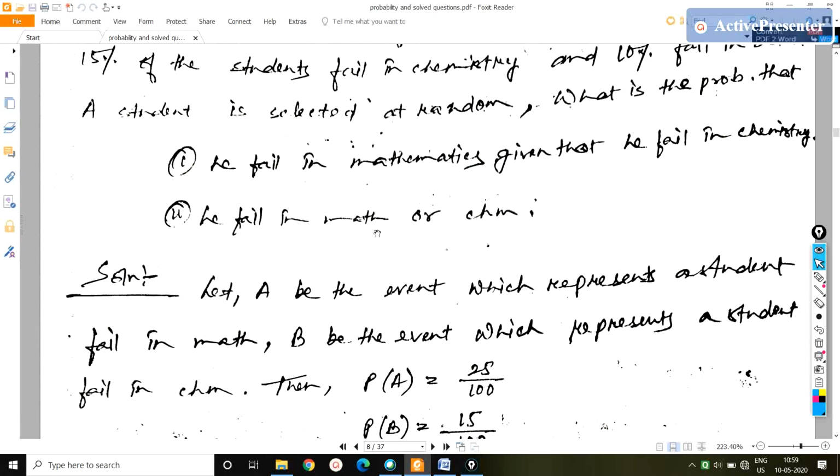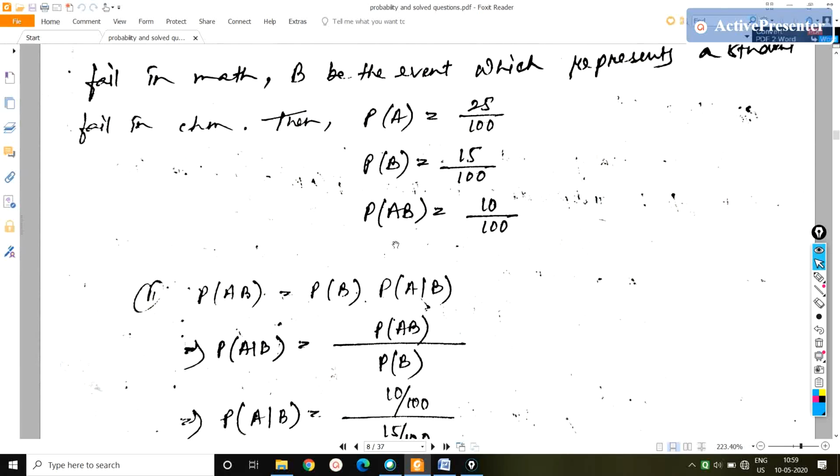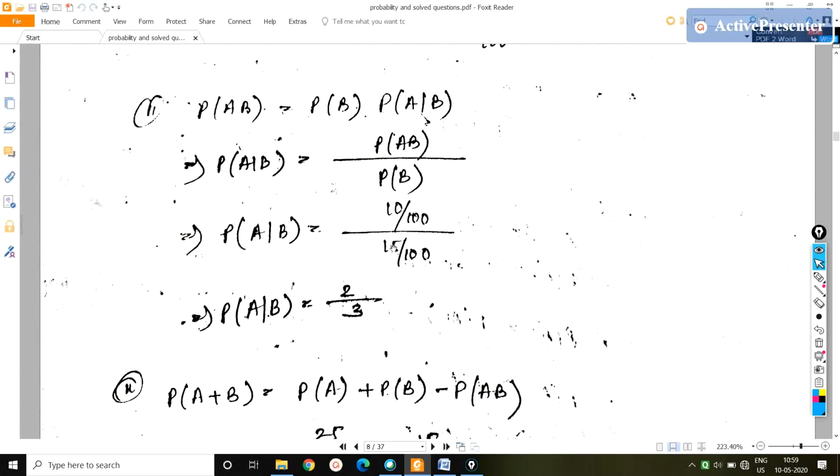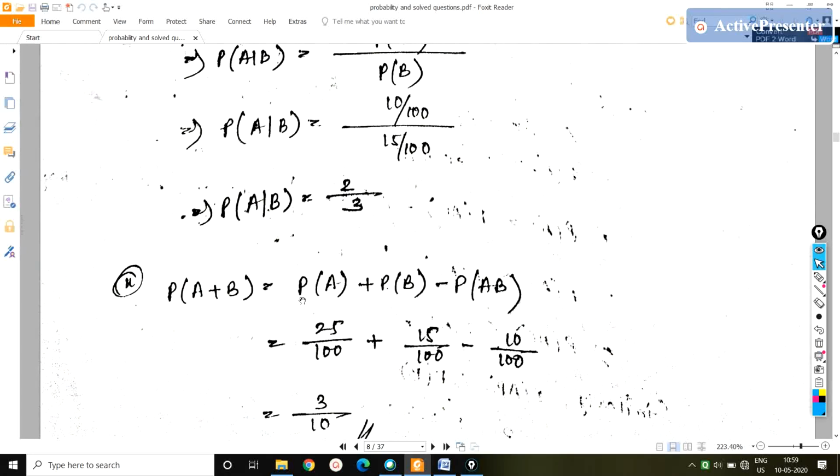Second, he fails in maths or chemistry. When it says he fails in math or chemistry, then as we already showed you, you have to go to the or statement. So or statement means P of A or B. This theorem is equal to P of A plus P of B minus P of AB.